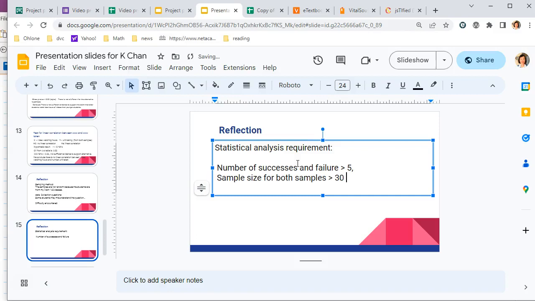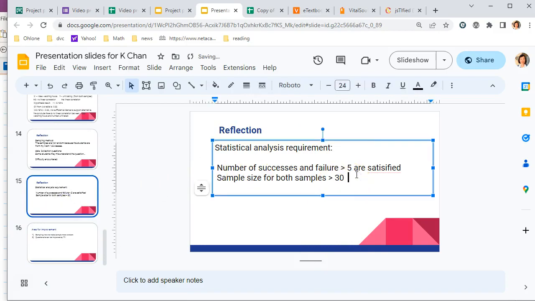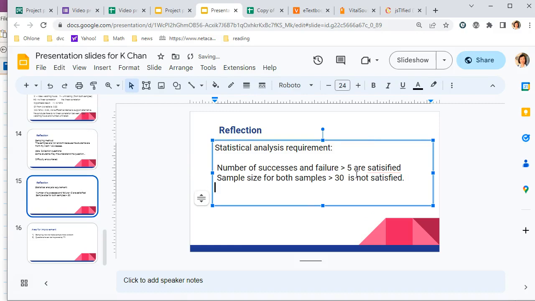No, I think the greater than 5 condition is satisfied. But 30, this is not satisfied. So the conclusion may not be valid due to this case. It is only valid when the central limit theorem applies.